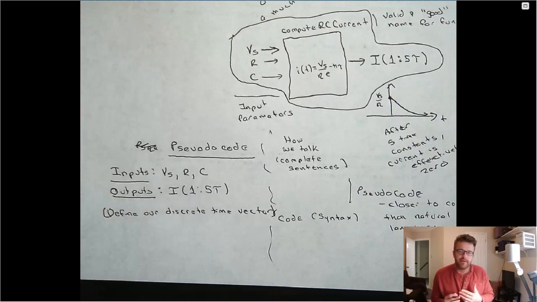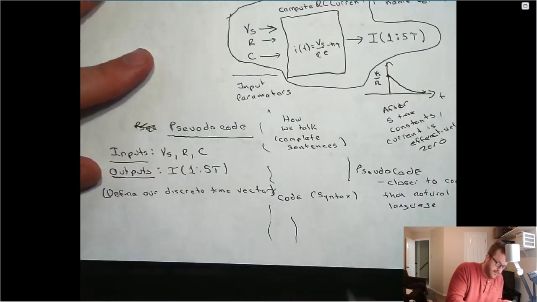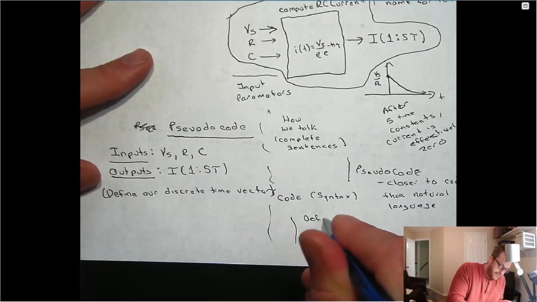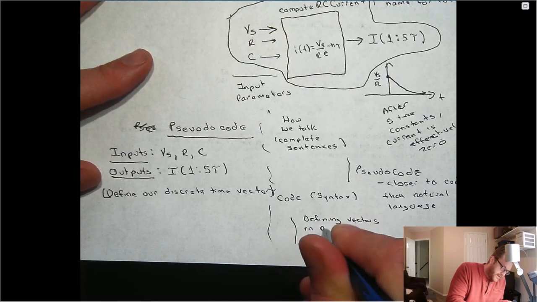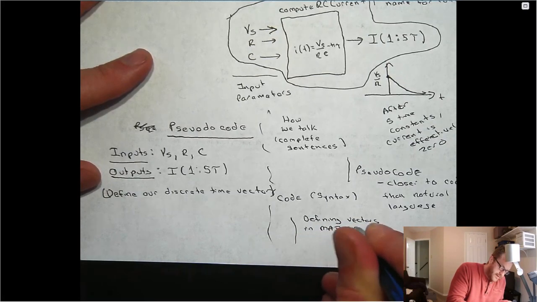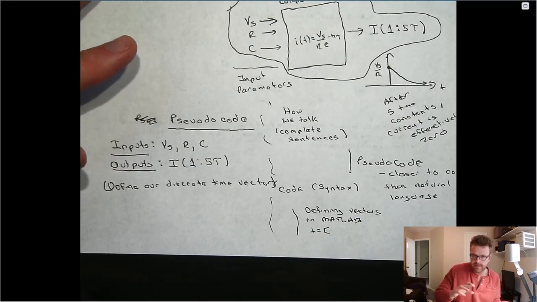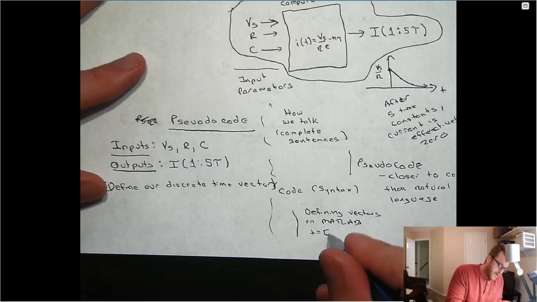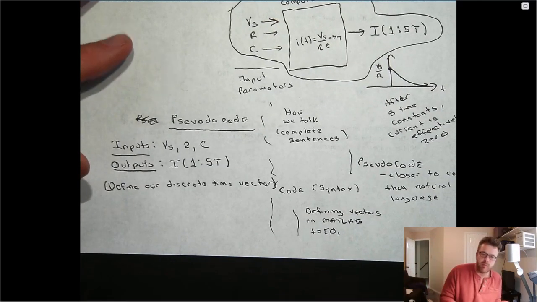Well, think about all the different techniques that we talked about to define vectors within MATLAB. We talked about a technique where you could explicitly list all of the values in the vector. So if we got to go all the way from 0 to 5 tau, we could go 0, and I don't know, what about if we just make them spaced by 0.1?